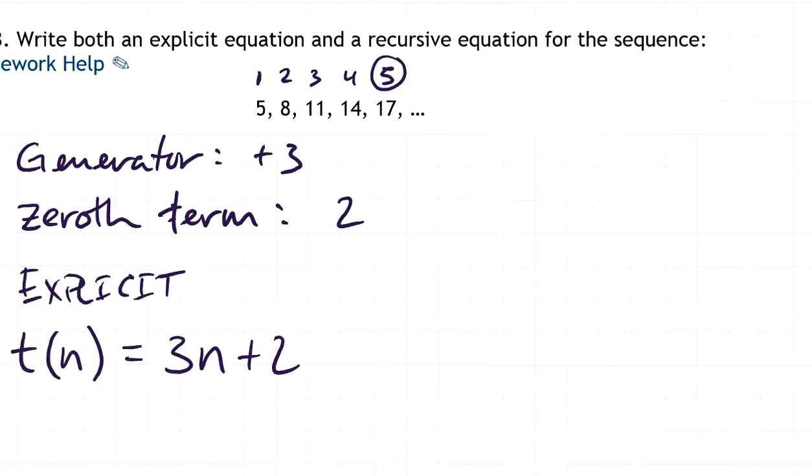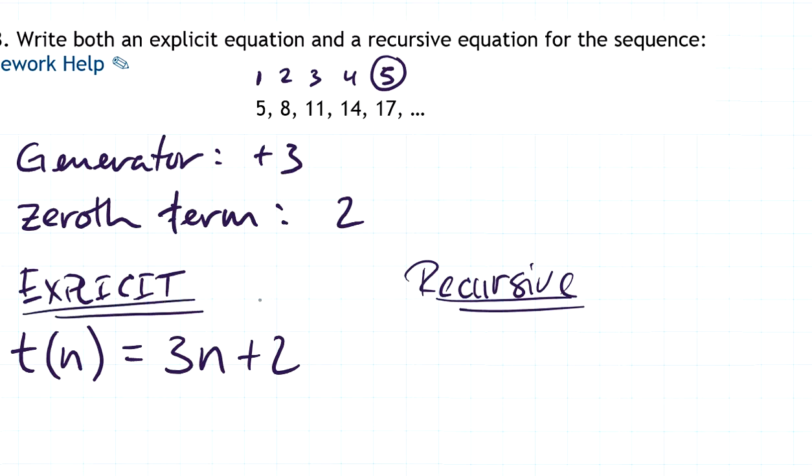So let's write that right here. And the recursive rule needs two things, right? It needs to know where the sequence starts, and it needs to know how do you get to subsequent terms. Basically, what's the relationship from one term to the next.